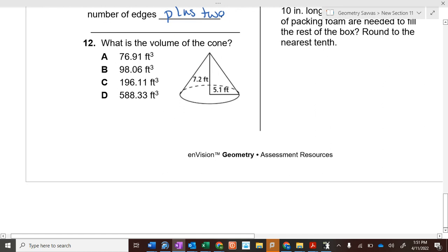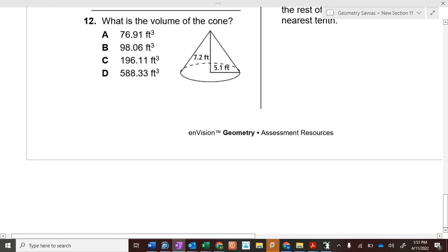All right. What is the volume of the cone? What's the volume formula for a cone? 1/3 the area of the base, pi r squared, times the height. So it's 1/3 pi 5.1 squared times 7.2.